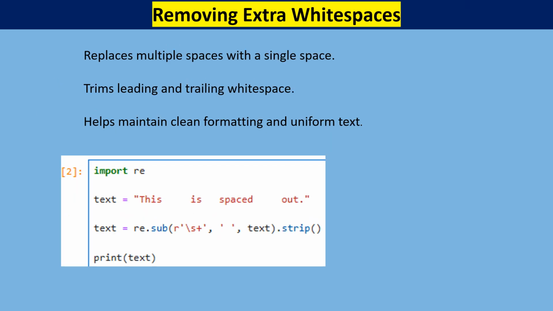Removing extra white space: replace multiple white spaces with a single space. Irregular white space often comes from user-generated content, web scraping, and merging text fields. Multiple spaces cause issues during tokenization or comparison.